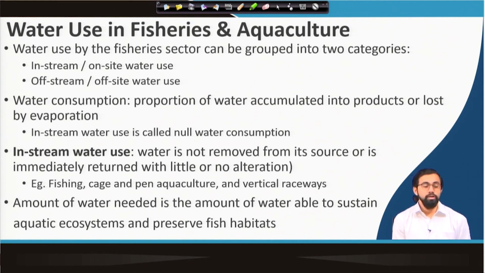I would say the water which you're intaking through your systems is the source-fed water that you are actually utilizing in your system. What are the water consumption methods involved with our pond, with our farm? Definitely the first thing is evaporation, right?